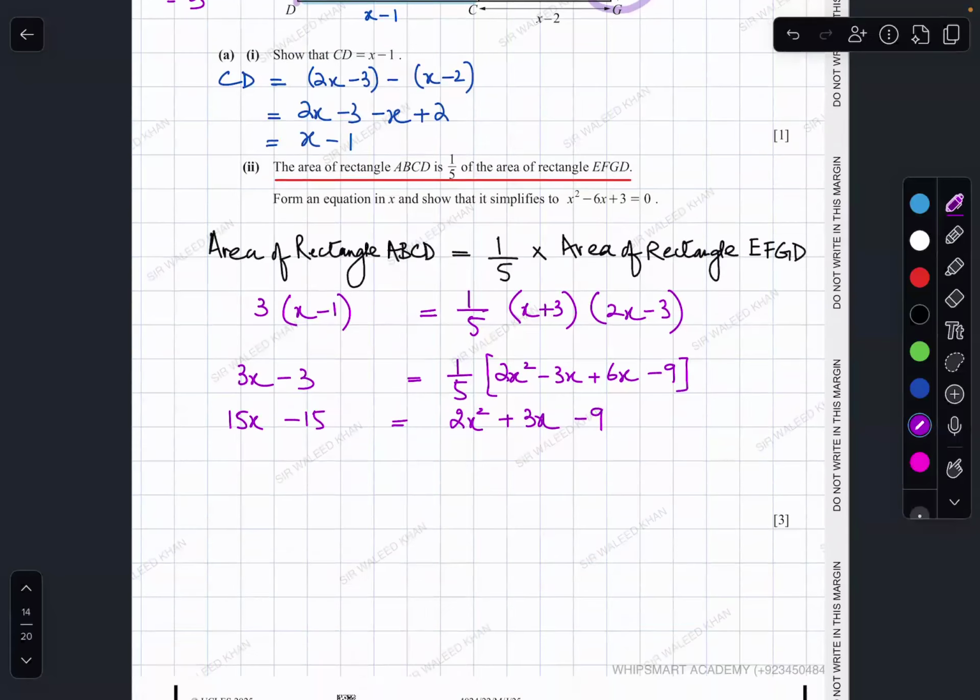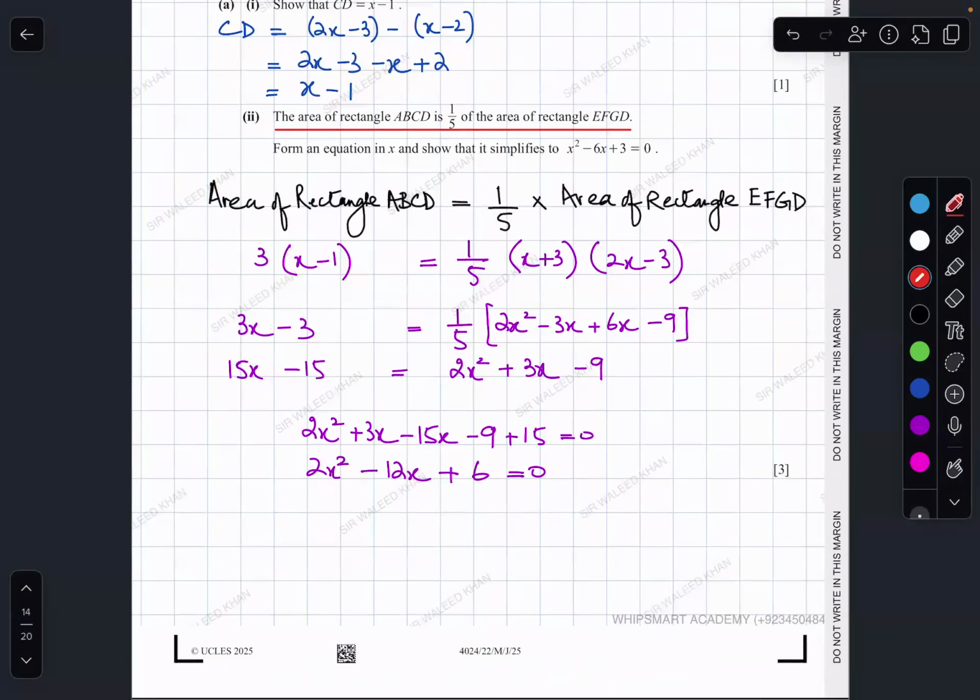Now group everything on one side. So we have 2x squared plus 3x minus 15x, and this 15 goes to the other side, becomes positive, equal to 0. Now write it as it is: 2x squared minus 12x plus 6.